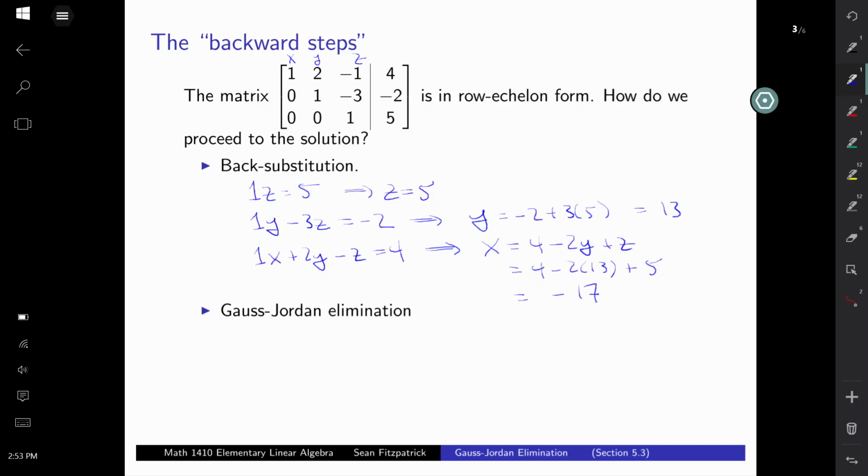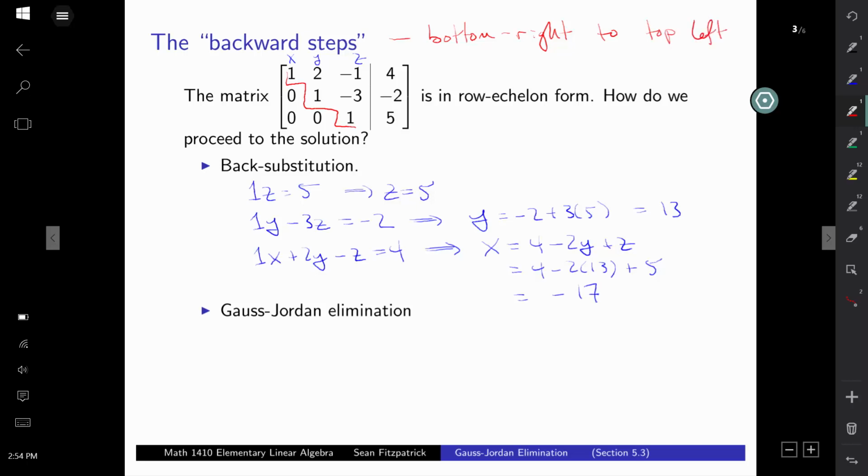Now, Gauss-Jordan elimination is a continuation of this algorithm using row operations. In the Gaussian algorithm we work from the top down, and we get this staircase of leading ones. In Gauss-Jordan elimination, now we work backwards. We start at the bottom right, and we go back up to the top left.